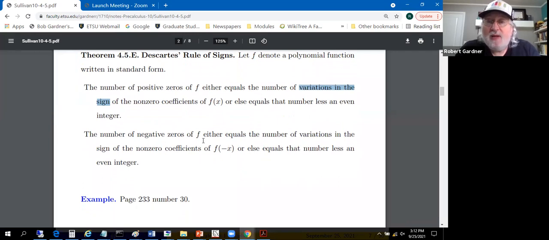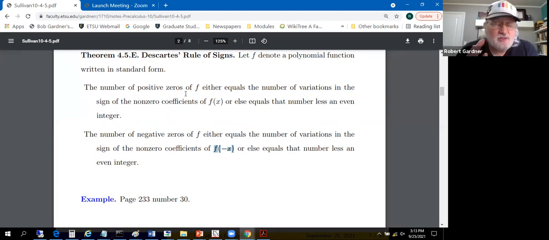For negative zeros of the polynomial function, the claim is this equals either the number of variations in the sign of the non-zero coefficients of f of negative x, or else equals that number less an even integer. So when looking for negative zeros, you consider f of negative x and then do the same thing that we did up here.